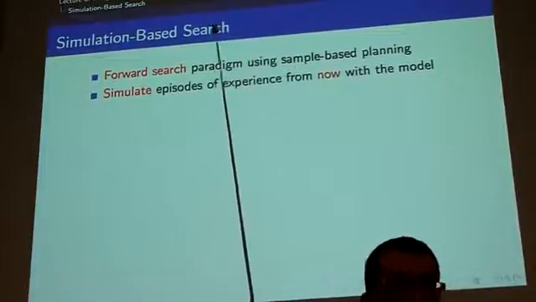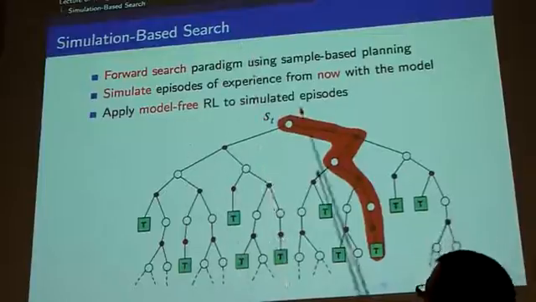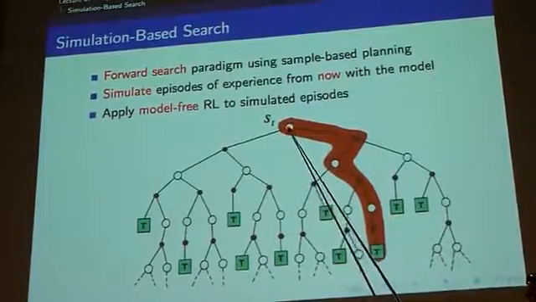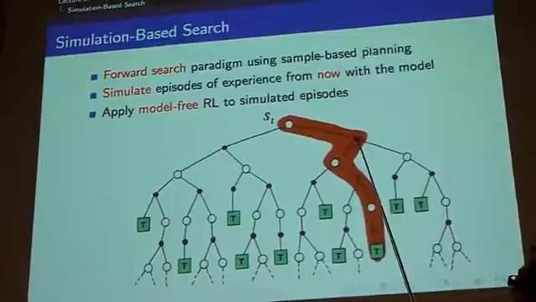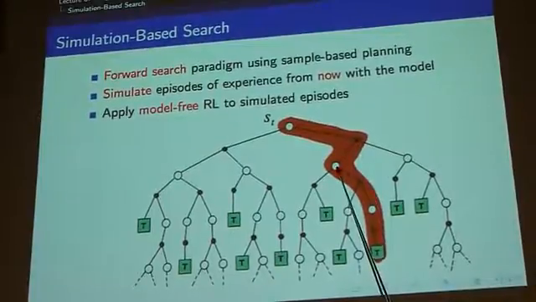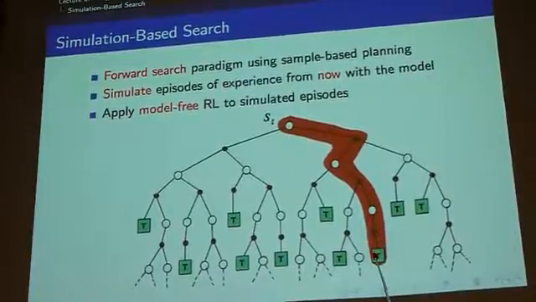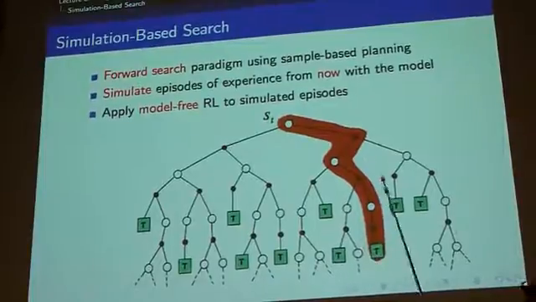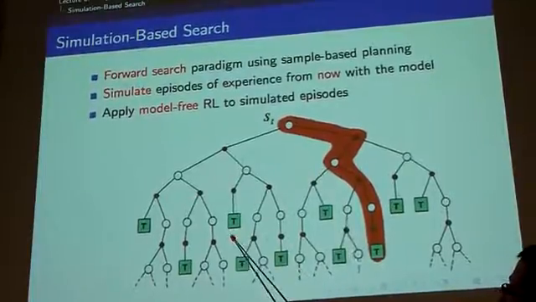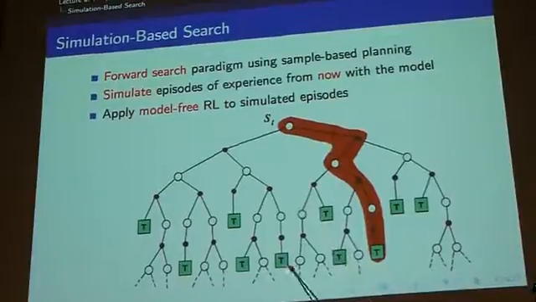So you simulate complete episodes. And so you might start here, and in one episode you might simulate and say, well, I might take this action, the environment might put me in this state according to my model. I might take this action, the environment might put me in this state. I might take this action, the environment might terminate. And that would be one simulation. And then the next simulation we do something completely different. And the next simulation we do something completely different.